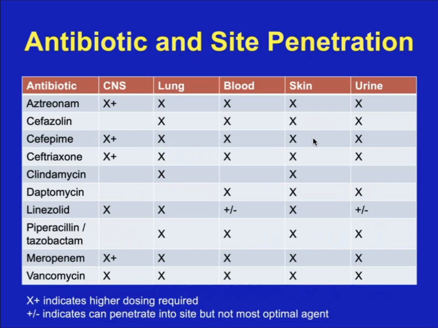Daptomycin doesn't get in the lung, and we'll talk about why in a minute. It also doesn't get in the CNS, too large a molecule. It's also not a great CNS drug, so we have it up here. Those with pluses mean you have to have higher doses in the CNS to treat these. Remember, that's something else we think about when we're prescribing.